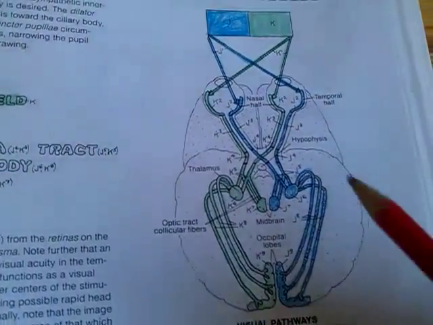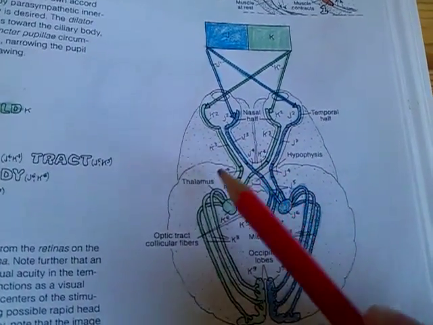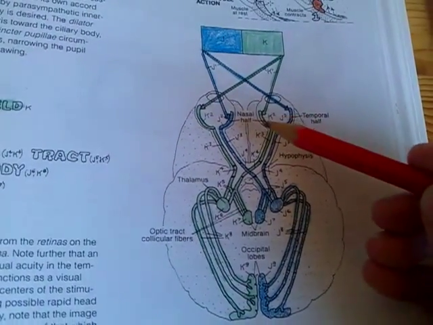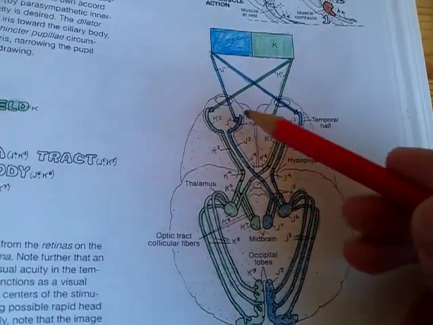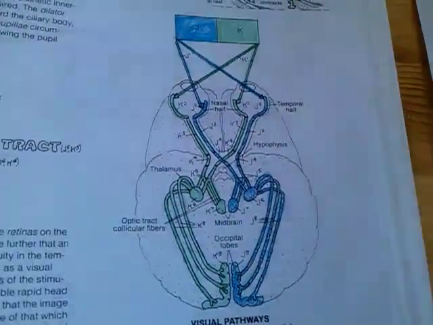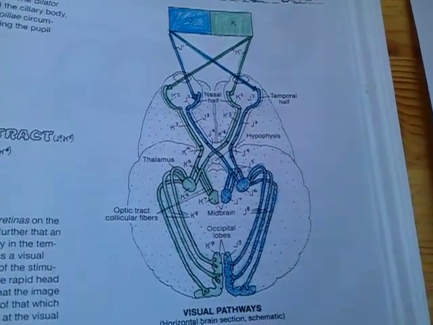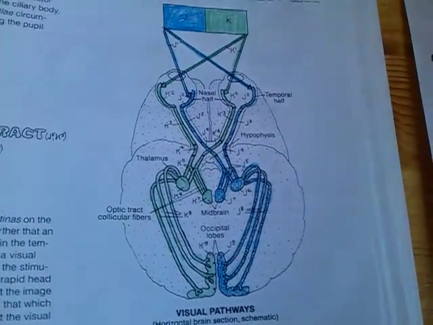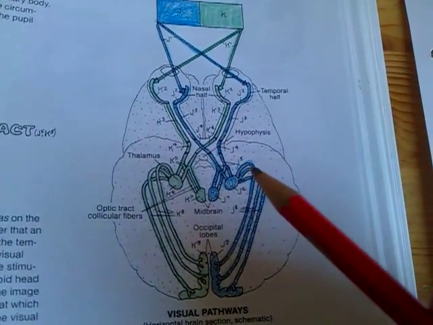They are partly crossed in the chiasm, which is this part. So you see the nasal half is what crosses. And they terminate mainly in the lateral geniculate body.